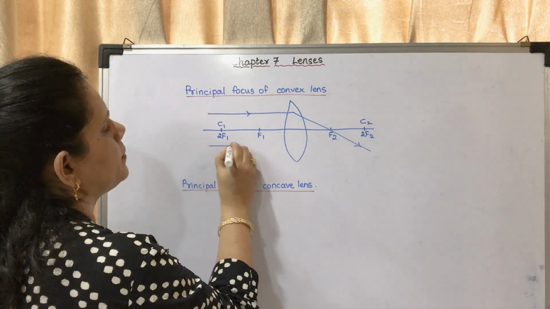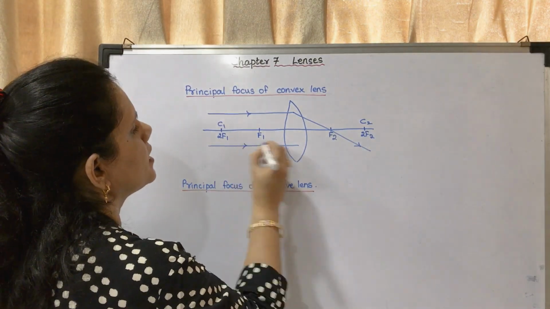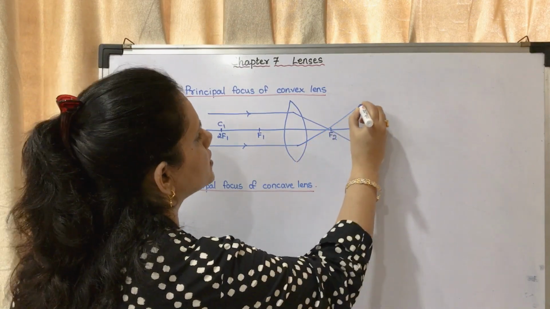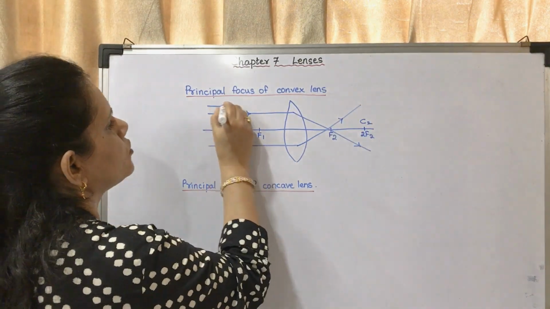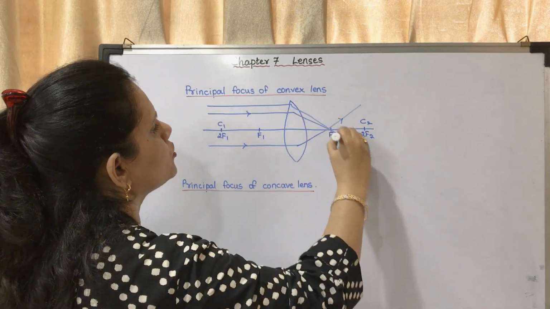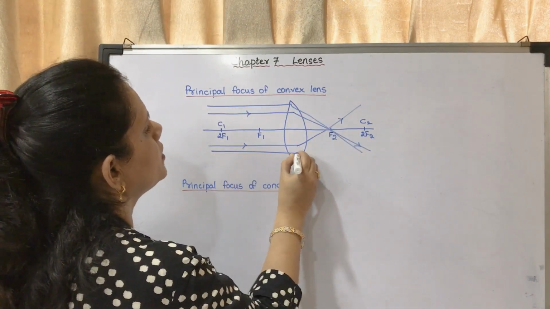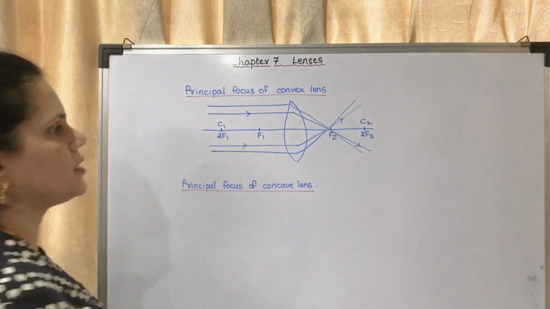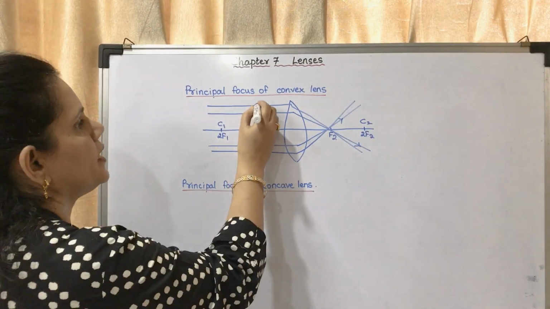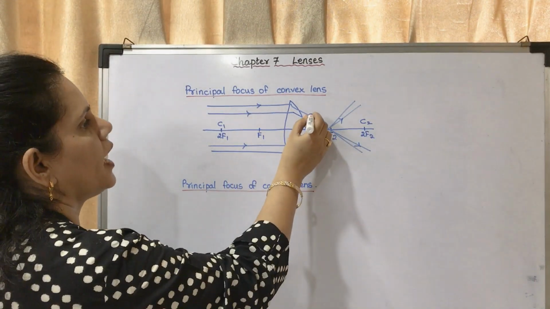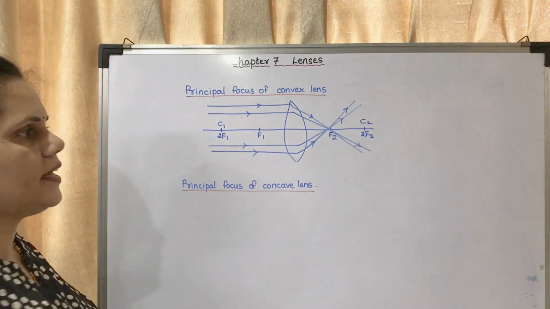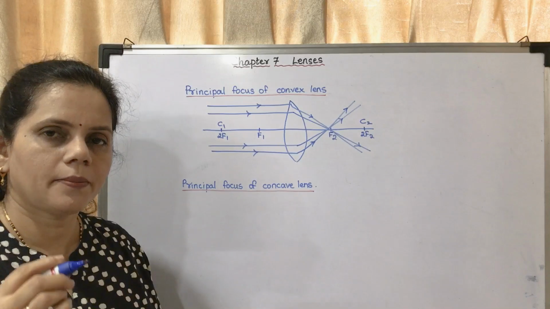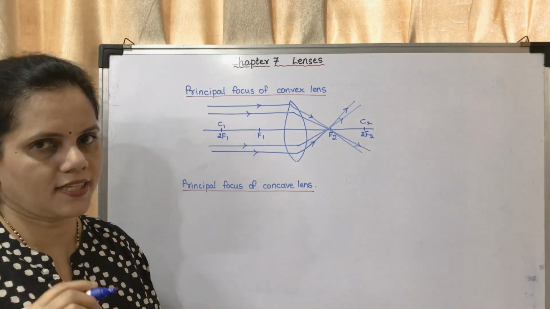Now the ray passing parallel to the principal axis after refraction passes through the focus. Like this you have to draw minimum 2 rays. So these are the diagrams, these are the rays. You have to show the arrows of the rays. Okay, so this is about principal focus of convex lens.